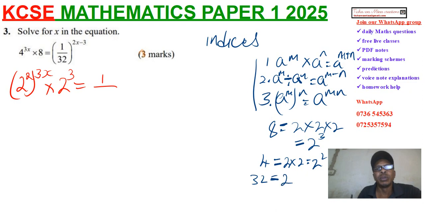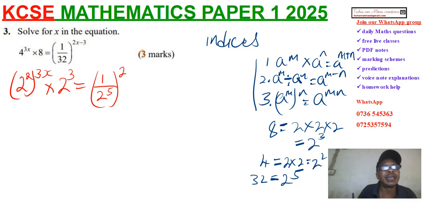So we change 32 to 2 to power 5, and this is raised to power 2x minus 3. I hope you have understood that. What we have done is to change the base from these other numbers, that is 32, to 2, so that we can now apply the rules of indices.